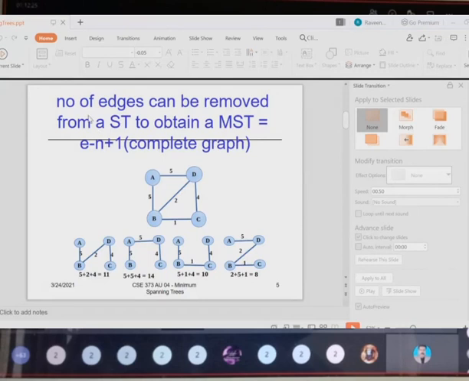Then which is minimum among 7 and 12? 7. So the edge 4, 2, as we always know, we represent an edge by vertex 1 comma vertex 2. We consider 4, 2 as an edge which contains 7 as the minimum cost among the last two edges.